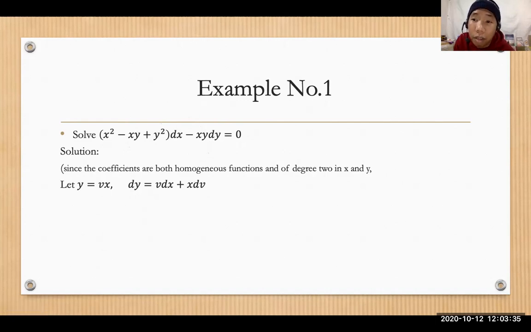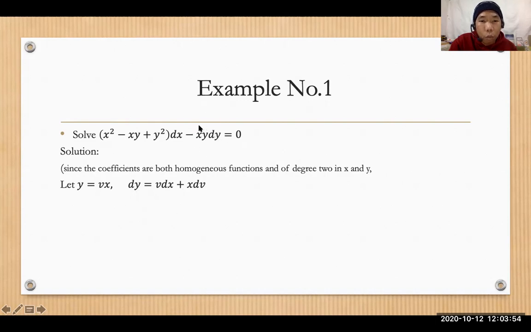So for the convenience of the solution, I decided to use y equal to vx and replace dy by v dx plus x dv. Clear?